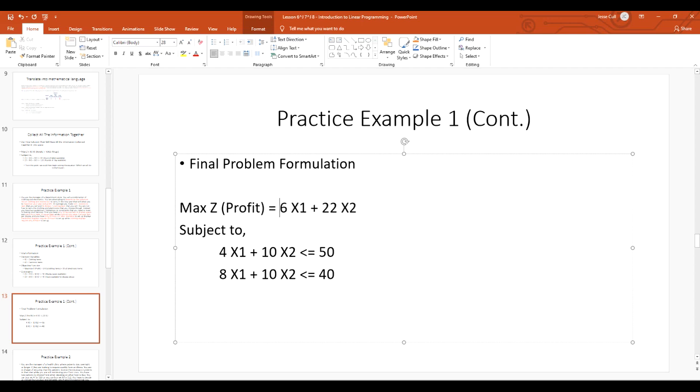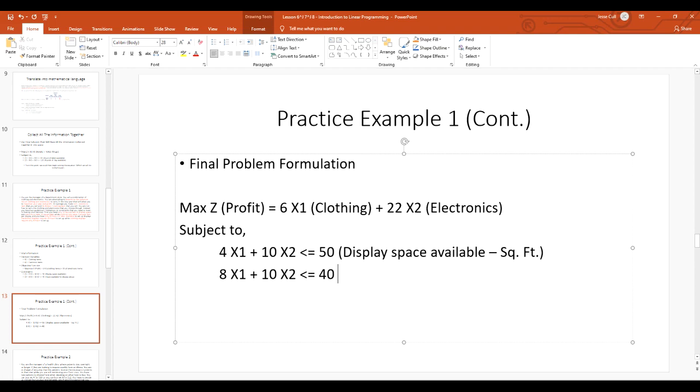We know X1 is clothing. X2 is electronics. We know that here, this is hours, our display space available in square footage.